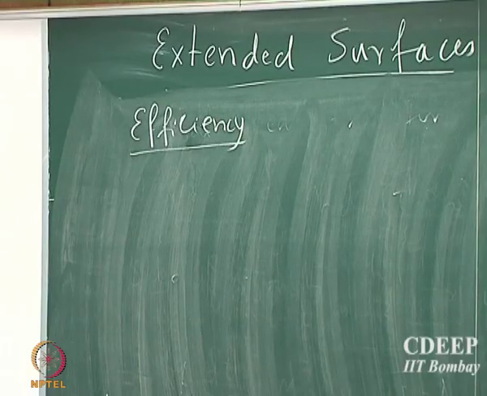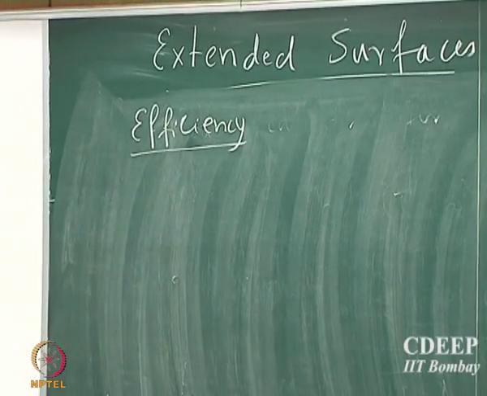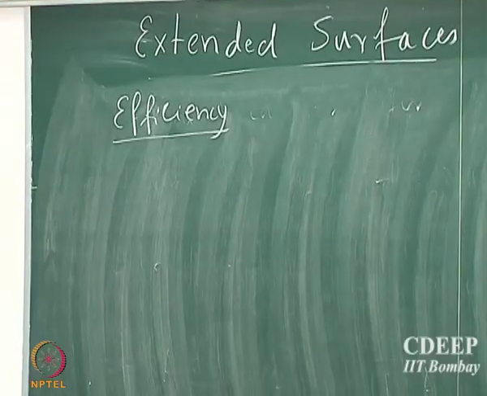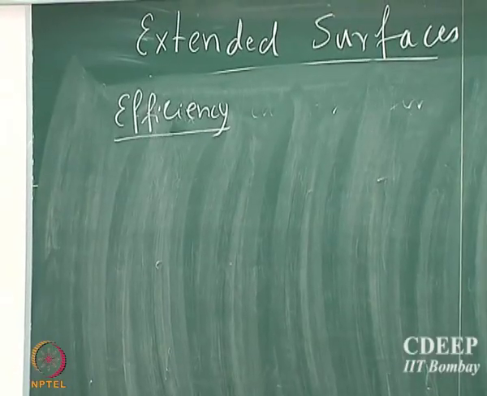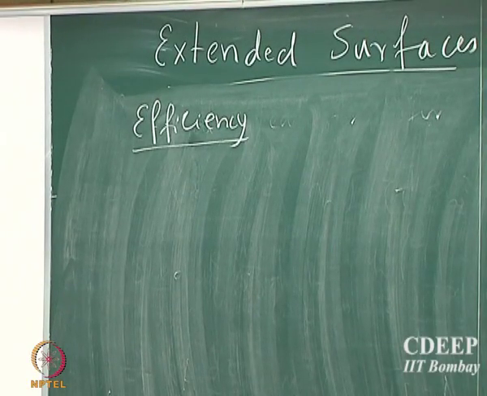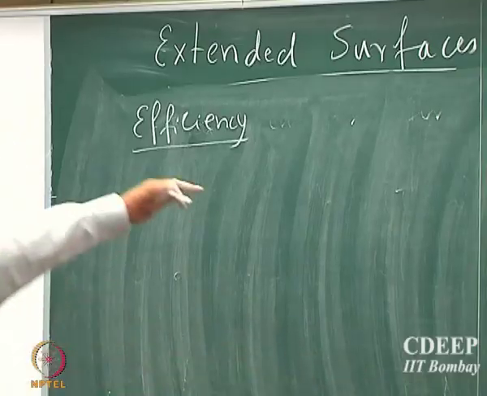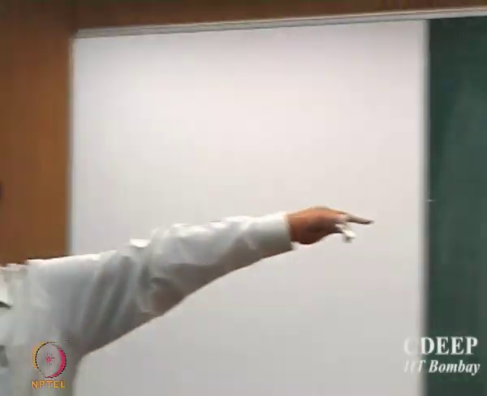So from a design point of view, it is useful to define a quantity called efficiency. How efficient is the fin that I have designed? If I want to compare two different fins, instead of comparing the actual total heat transfer rate, it is useful to compare the efficiency of the fin that has been designed.